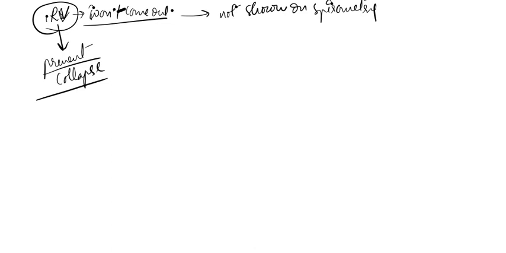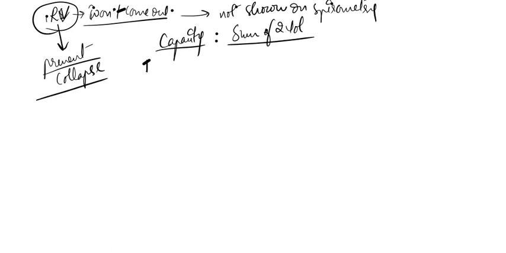Now what is capacity? You have heard about different capacities. It is actually the sum of two volumes. Simply remember, the sum of two volumes is called a capacity. For example, inspiratory capacity is tidal volume plus inspiratory reserve volume, which is about 3.5 to 4 liters.